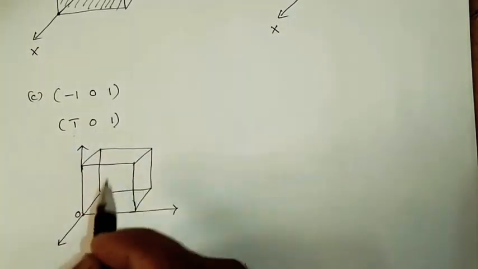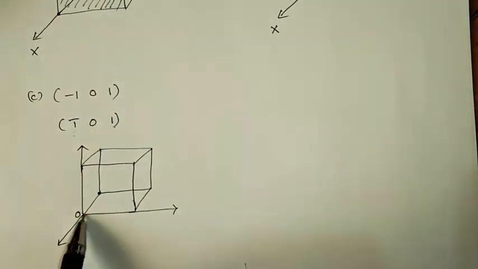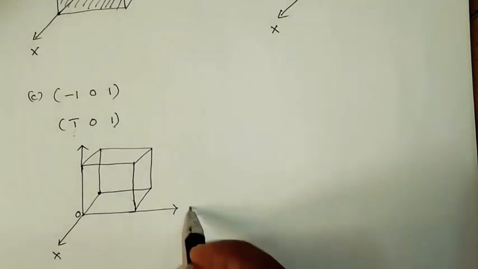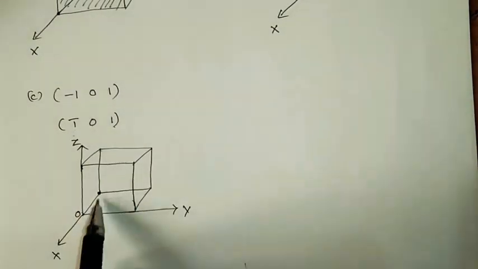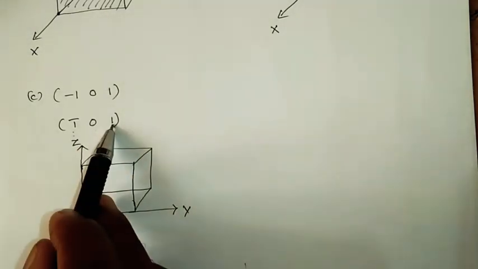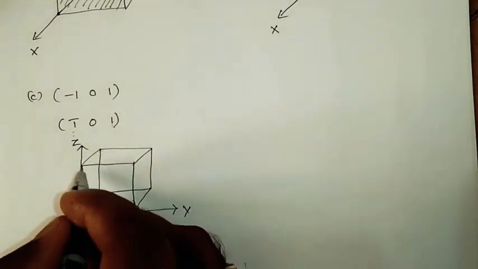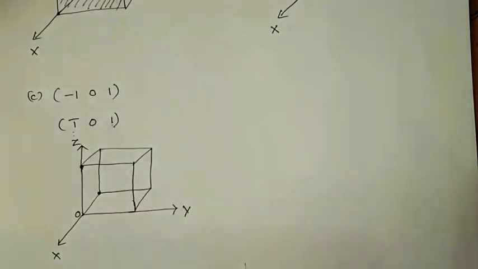So how much is it there? -1. So the point will be here. And there is no orientation along the y-axis. So x, y and z. So there is orientation along the x-axis, that is -1, and there is no orientation along the y-axis, and there is an orientation along the z-axis, that is 1. So this is the positive axis and this is the point.